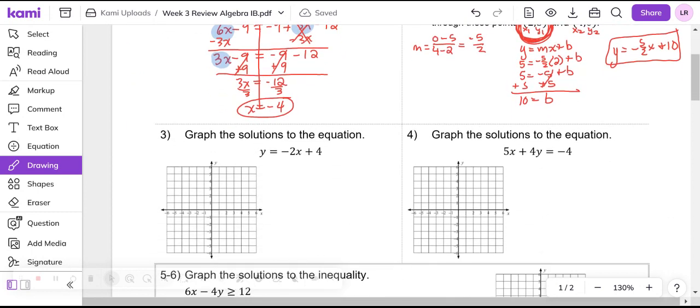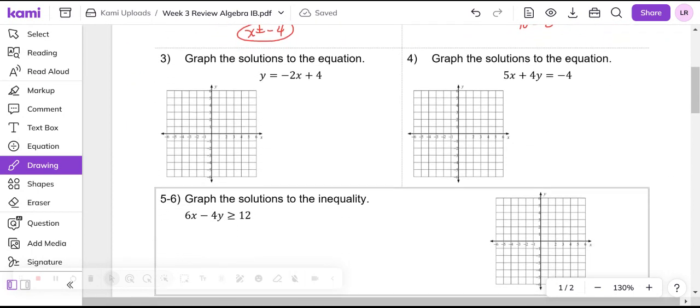All right, the graphing. Now with graphing, we prefer slope-intercept form, and this one already is. So our starting point is 4. So I put a dot at 4. That's my starting point. And my slope, how I move, is -2. Now remember, we would always put over 1.